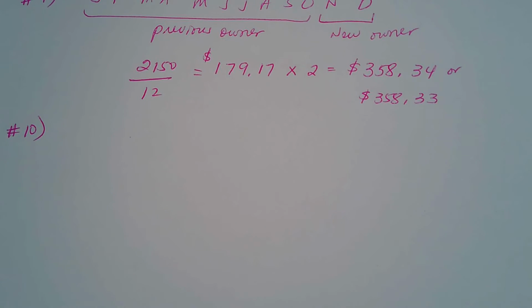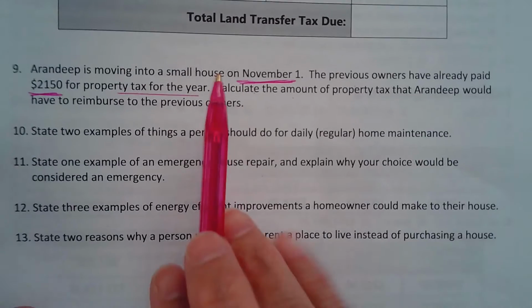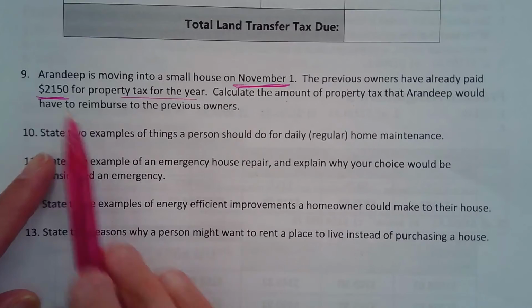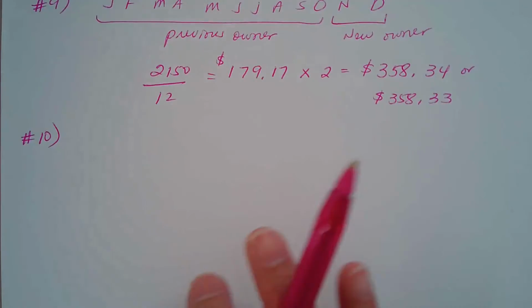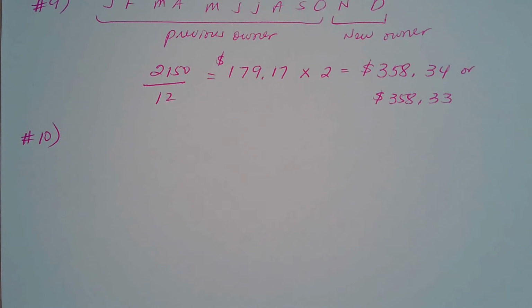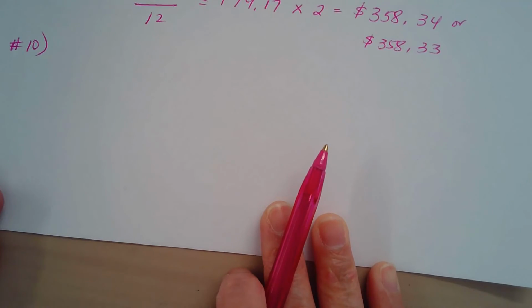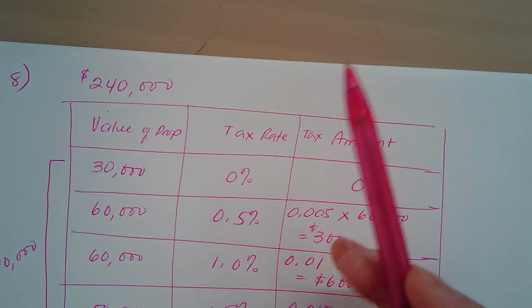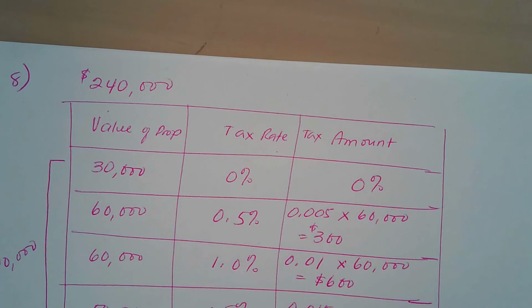Or I change the date instead of November 1st, they're moving August 1st. So it'll be basically easy. I'm not going to reinvent the wheel, we just change the numbers. It's the same scenario: people are moving. Land transfer tax, I just change the number. Instead of 240, I give you 250.